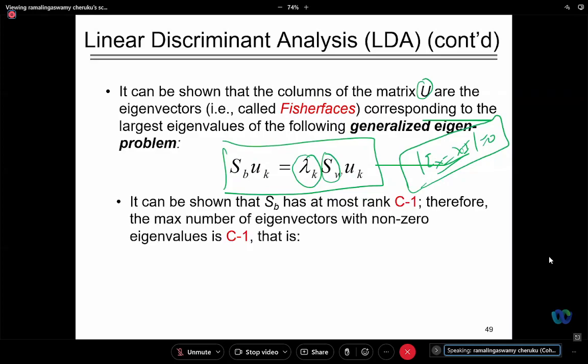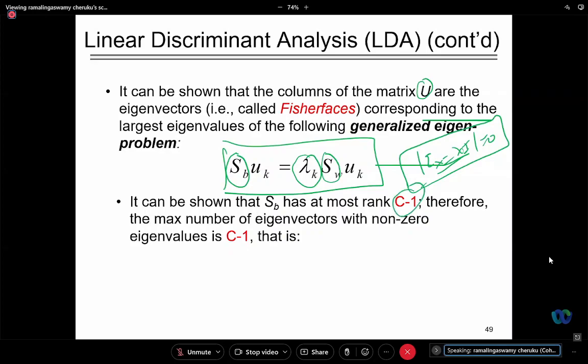It can be shown that SB has at most rank C minus 1. Therefore, the maximum number of eigenvectors with non-zero eigenvalues is C minus 1. If you observe SB, the scatterness between the clusters, whose dimension is C cross C, it has a rank, and the maximum rank is C minus 1.